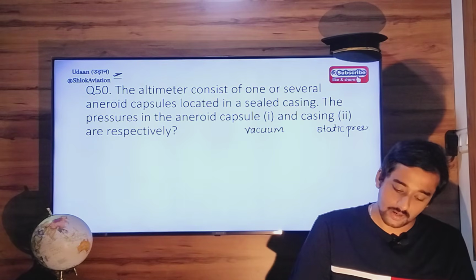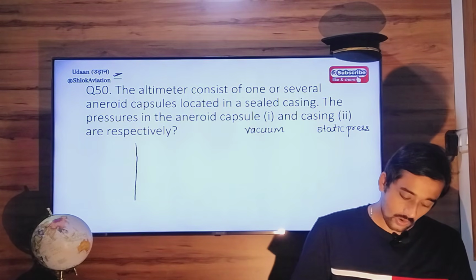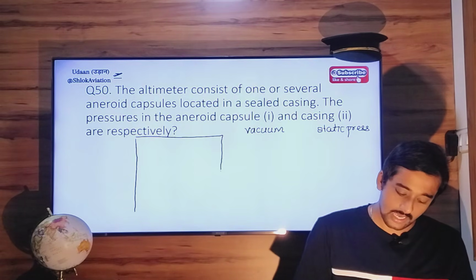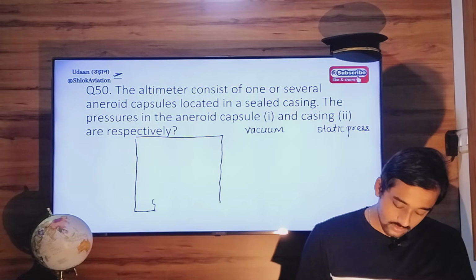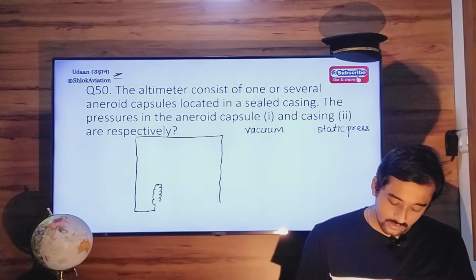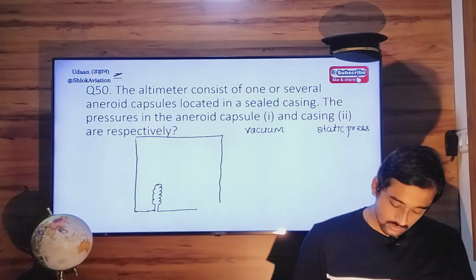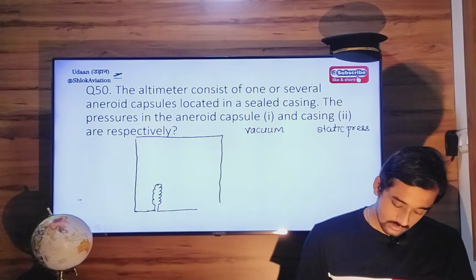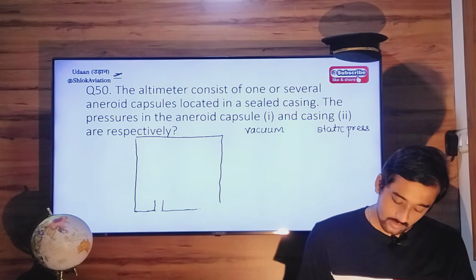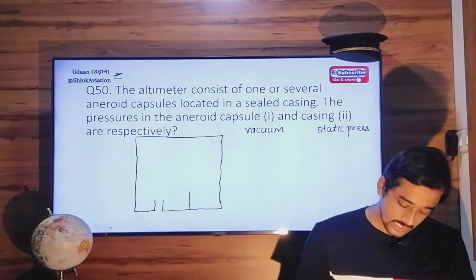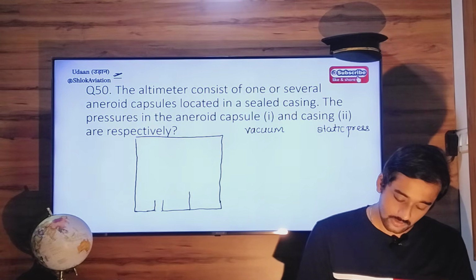So let's say this is your altimeter instrument case, and this is the aneroid capsule.